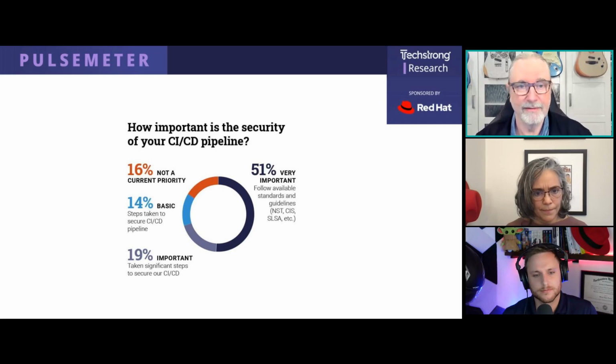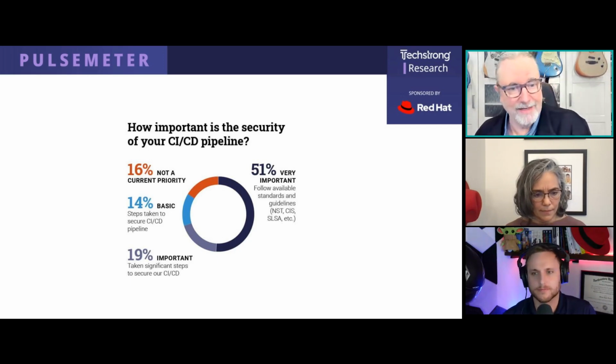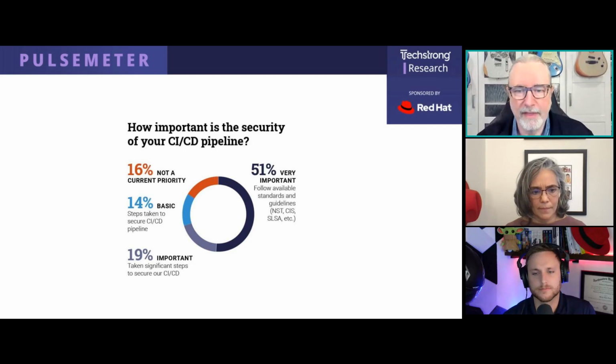If you're thinking about CI/CD pipeline security across 25 different teams doing projects, that's a big effort to implement. Not that you don't, but that takes time, especially if they're not all using the same tools and integration points, or at the same level of maturity in doing DevOps and using a pipeline.